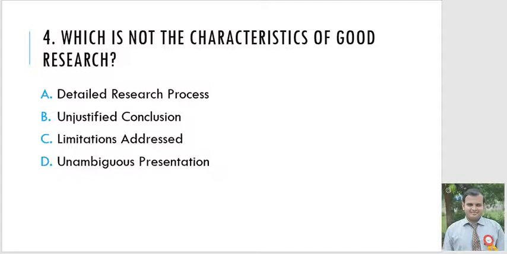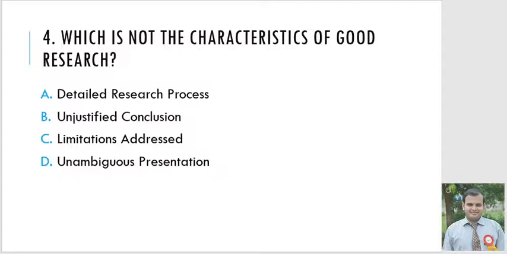Question is, which is not the characteristics of good research? You have to identify which is not the characteristics of the good research. From the four options, one is the correct answer.